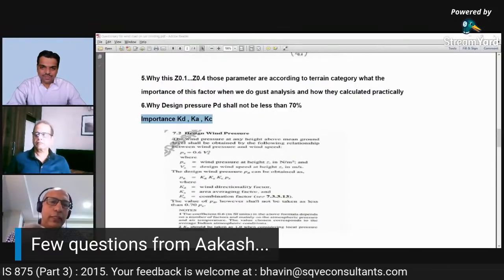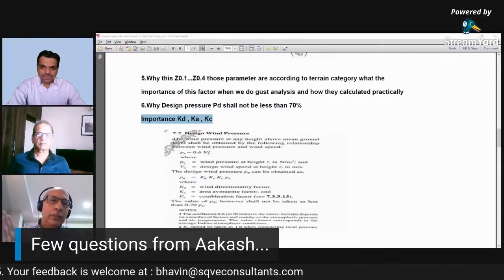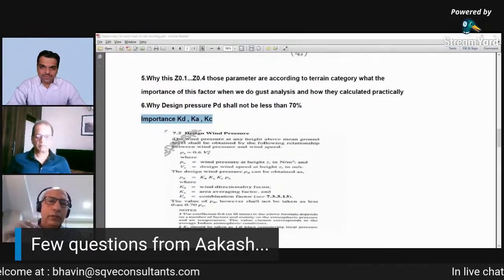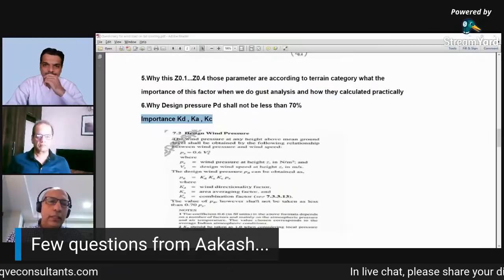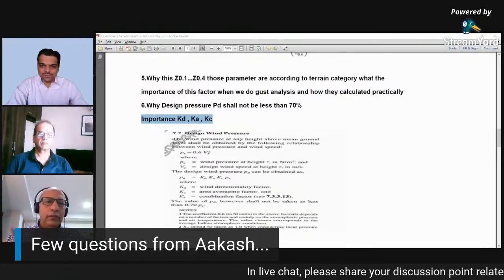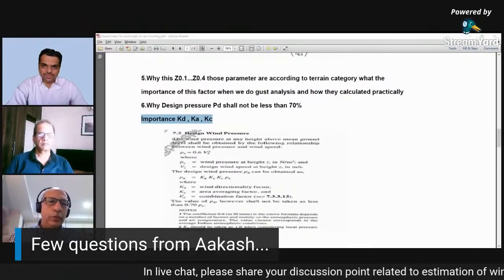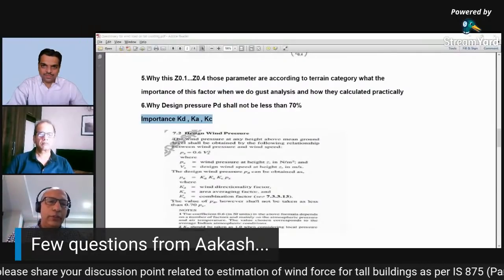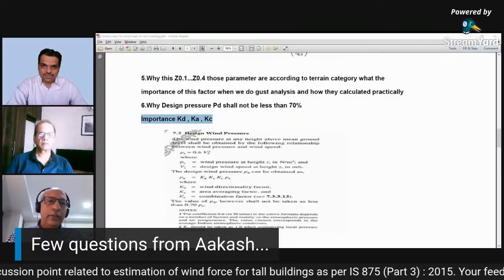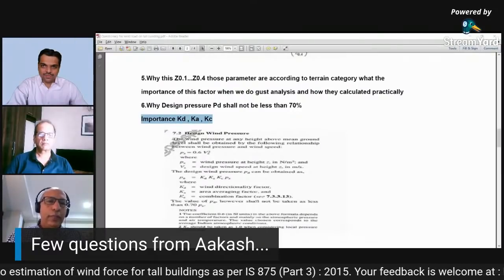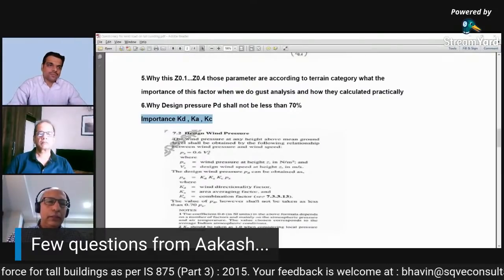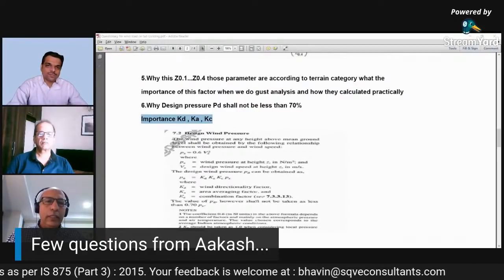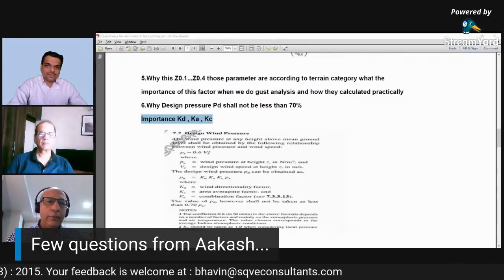So when we're combining the windward and the leeward, we can apply a KC factor, because there is more than one effective area contributing to the same load effect, and to account for some lack of correlation of these peaks, we can accept this reduction.